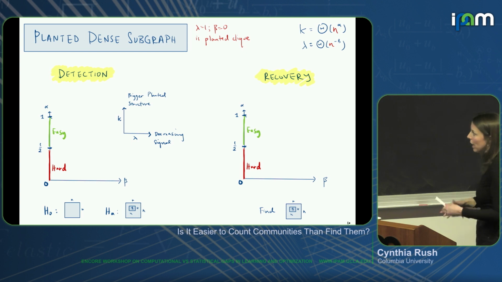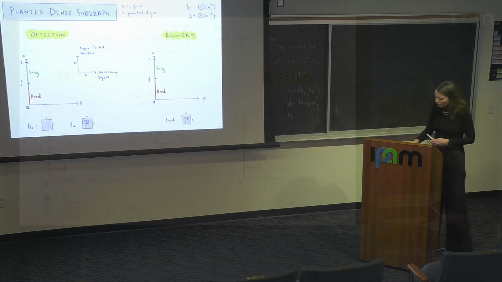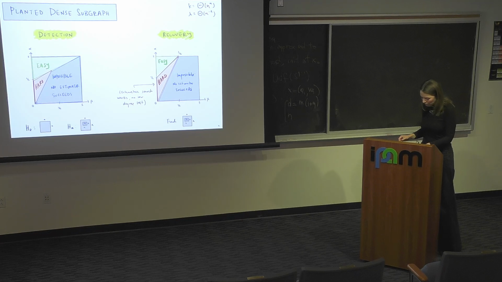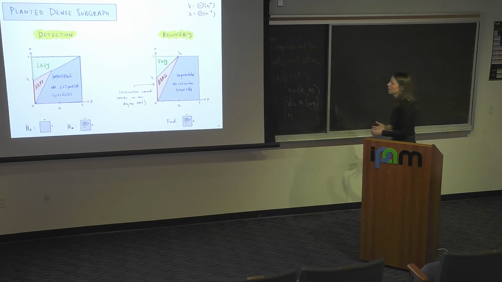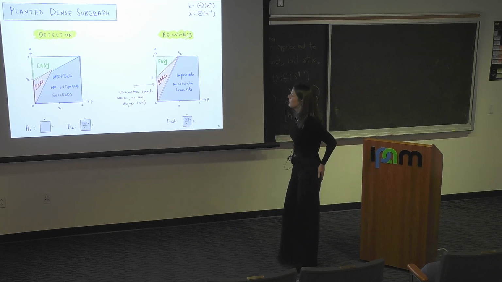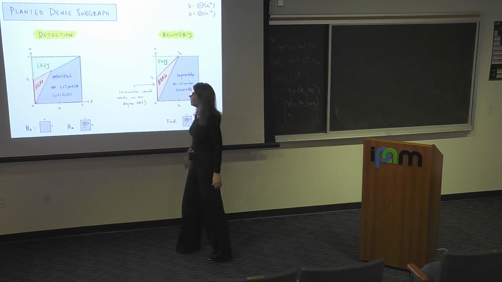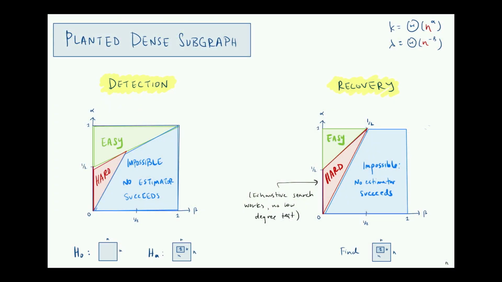Now that is the planted clique phase diagram. Now we want to look at the planted dense subgraph phase diagram. If we're just interested in detecting, testing between a graph with a planted structure and an Erdős-Rényi graph, the phase diagram has a big easy regime, a slice that's hard, and a space where we know things are impossible.